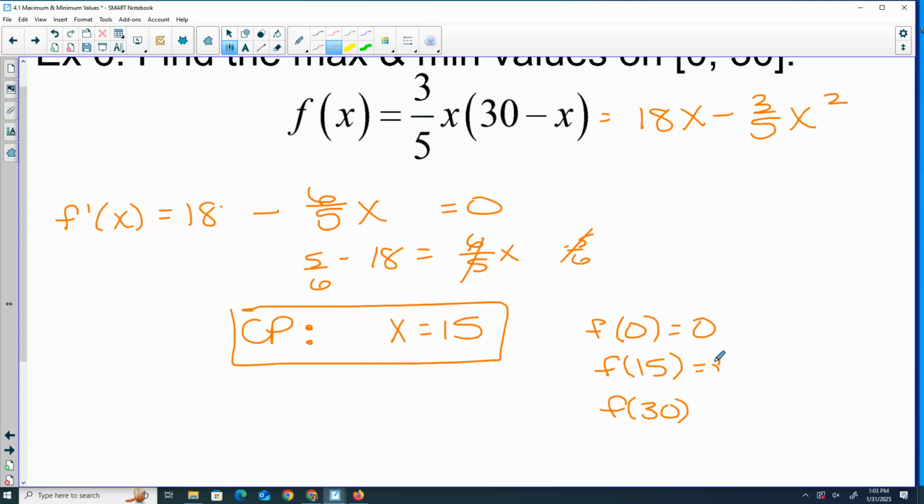And 30. So what is my absolute max? 135. And what happens with the others? So we have two absolute mins there.